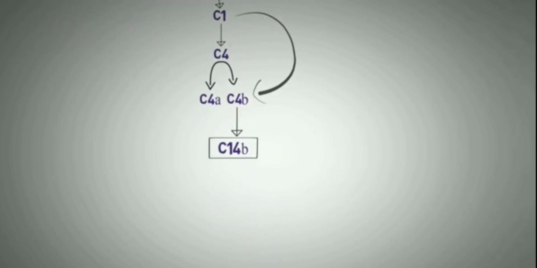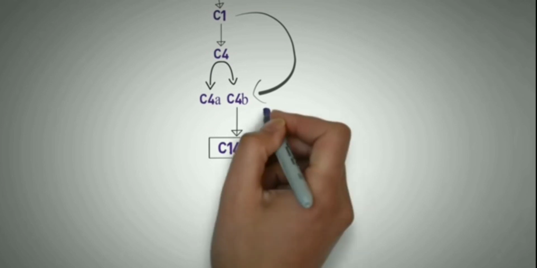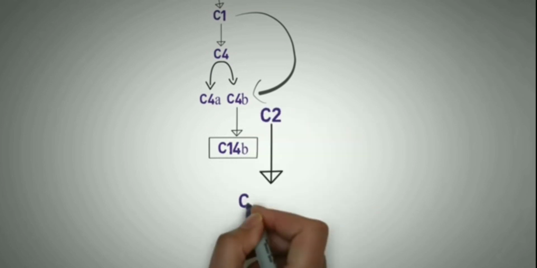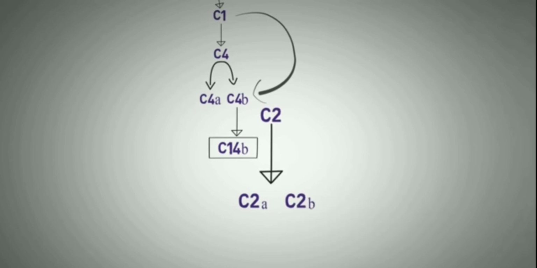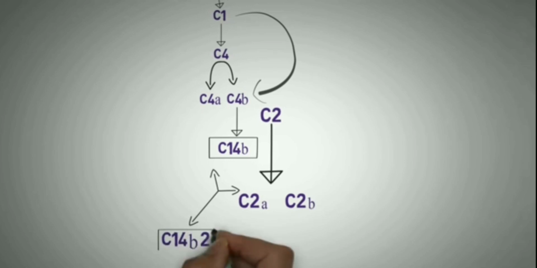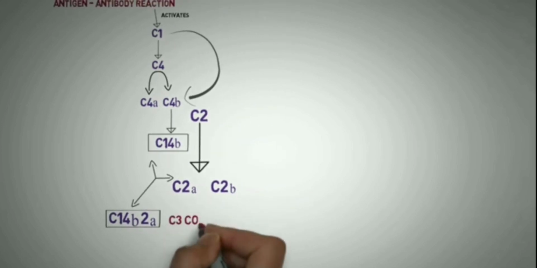This is an enzyme which converts C2 into C2a and C2b. These two components combine and form the C1 4b 2a. This is an enzyme known as the C3 convertase.